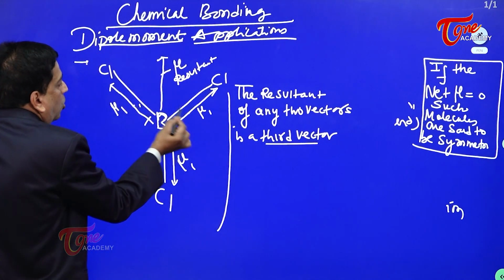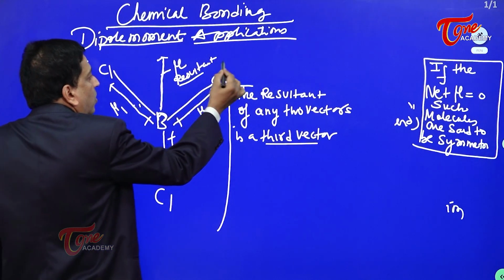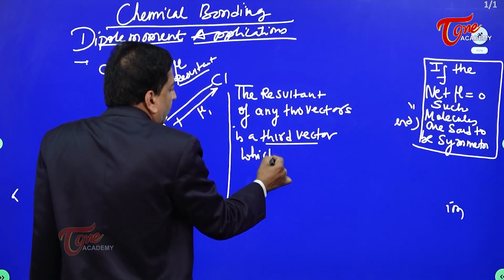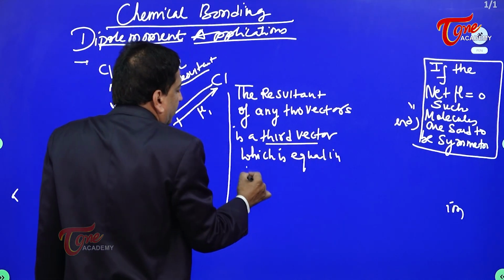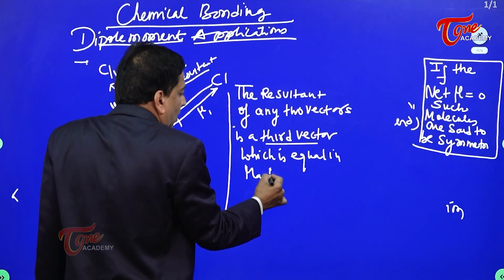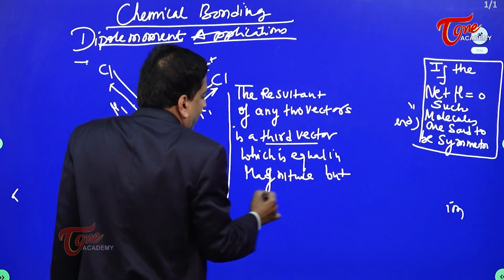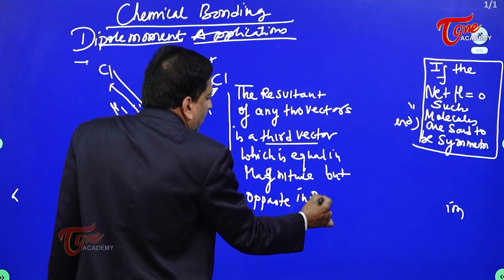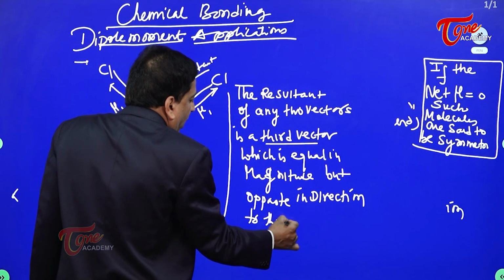The resultant of these two is a third vector, the mu resultant, which is equal in magnitude but opposite in direction to the third vector.